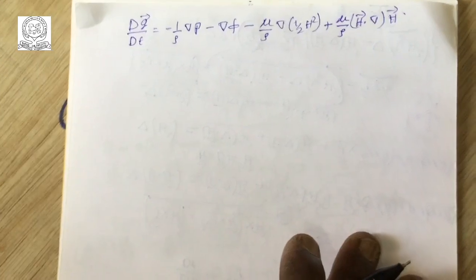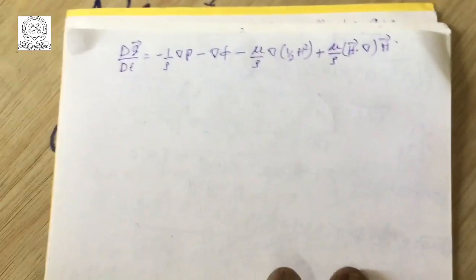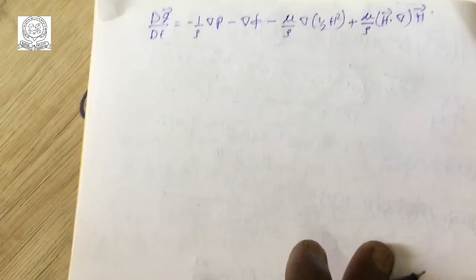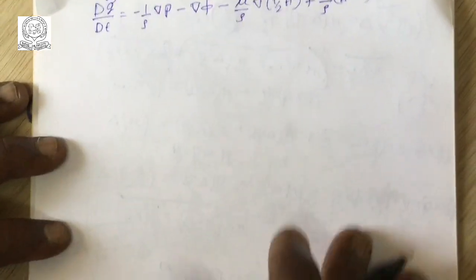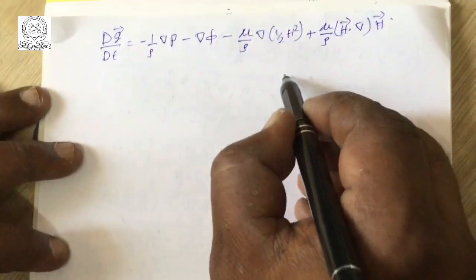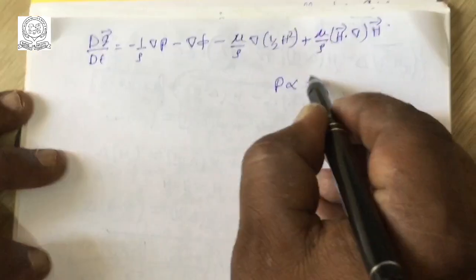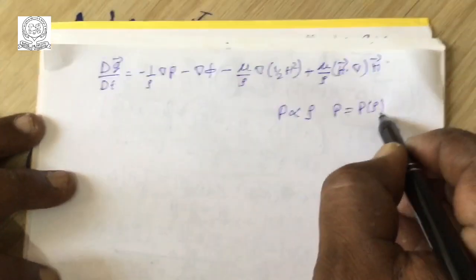Further, consider the concepts that the flow is barotropic and also the frozen-in flow condition. You have proved what is barotropic. In fluid mechanics, the concept of barotropic says that pressure is proportional to density, meaning pressure is a function of density only.